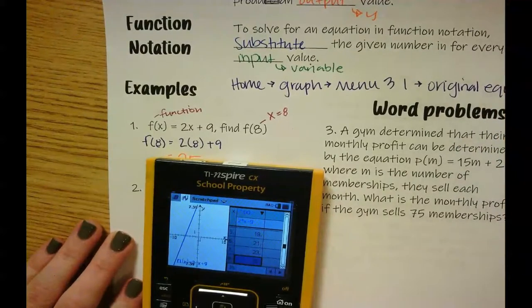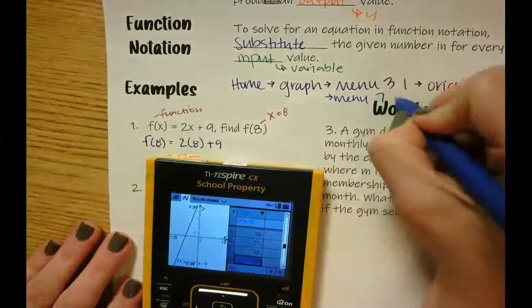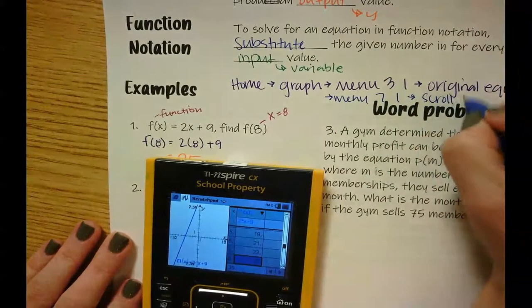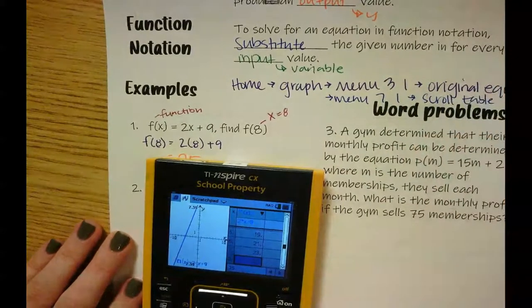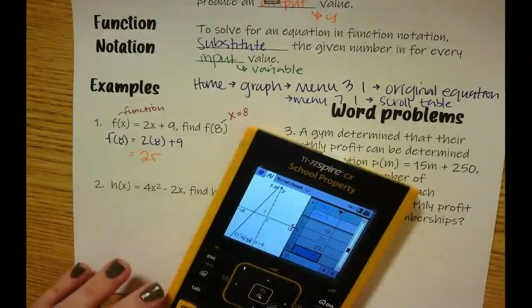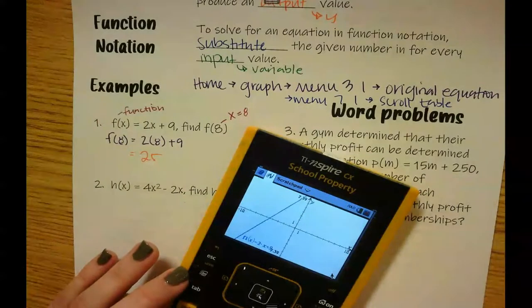And then I'm going to go to menu 7, 1, and scroll through the table to find that x value that's given to you. So let me get out of here, remove this table, remove this graph.